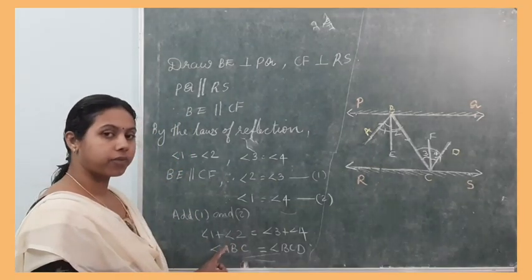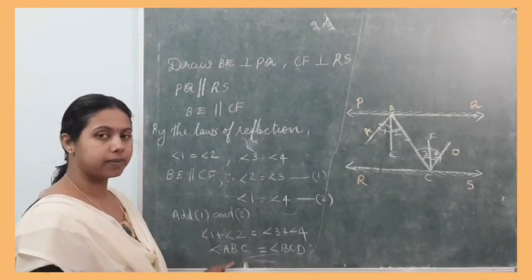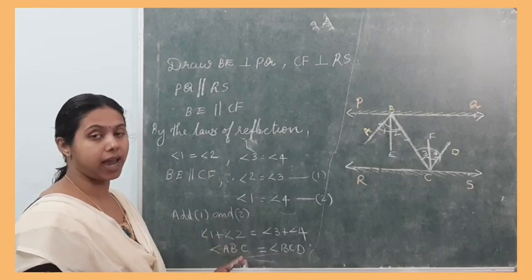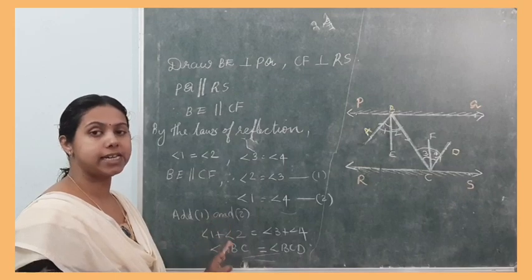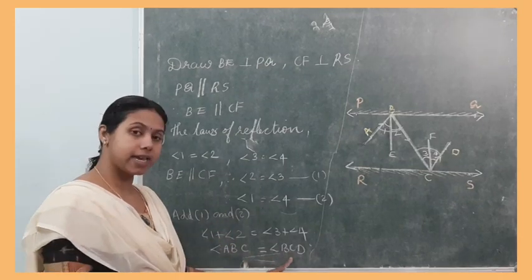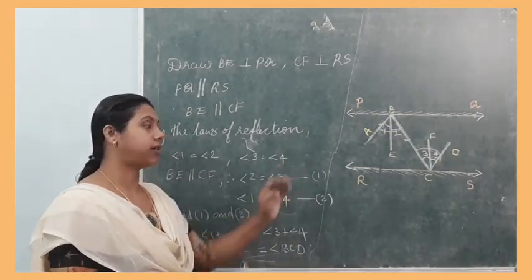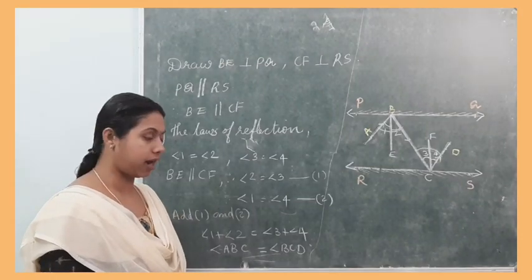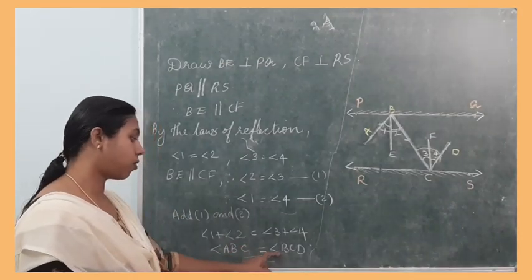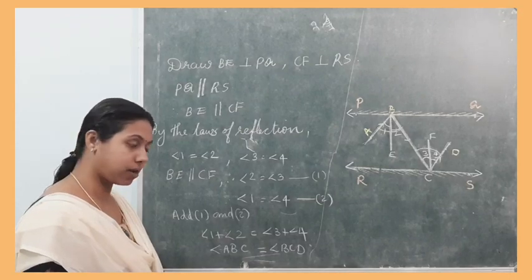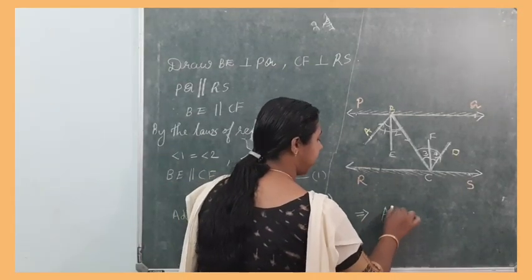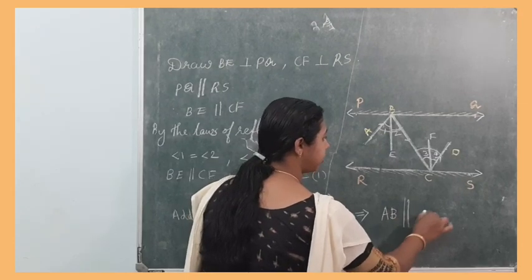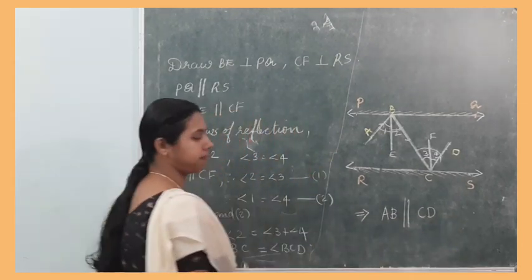Here we got these two alternate interior angles are equal, so we can say that line AB is parallel to line CD.